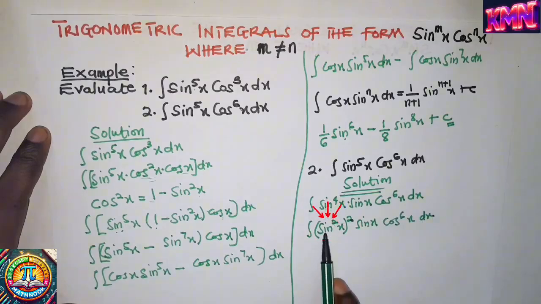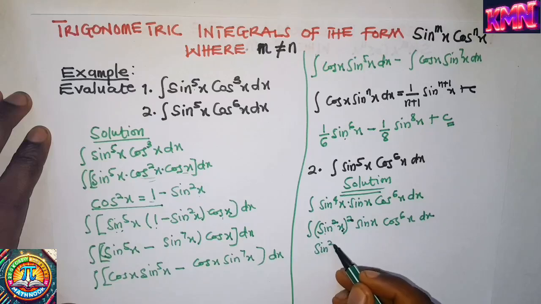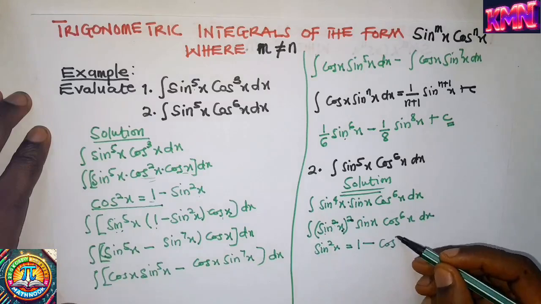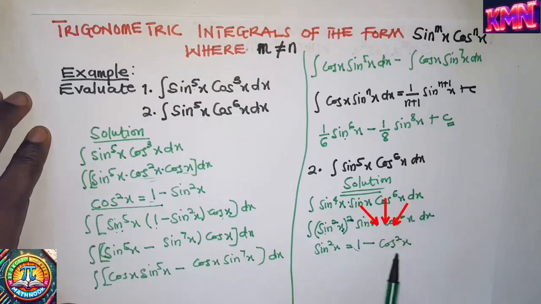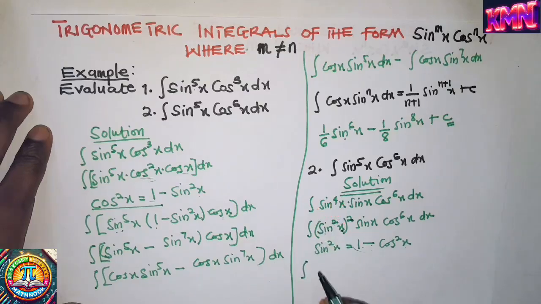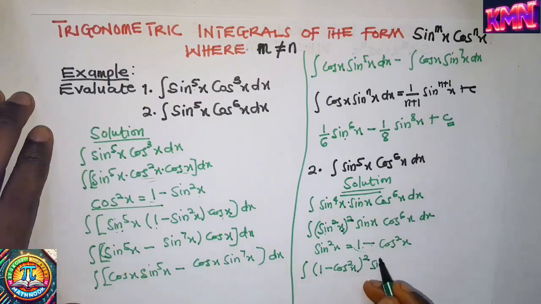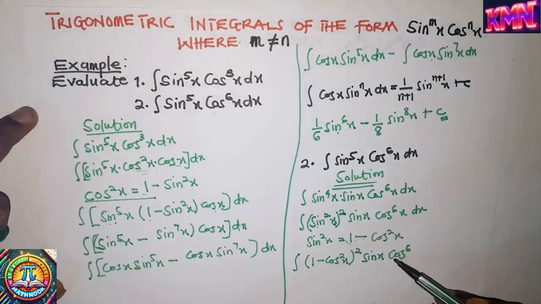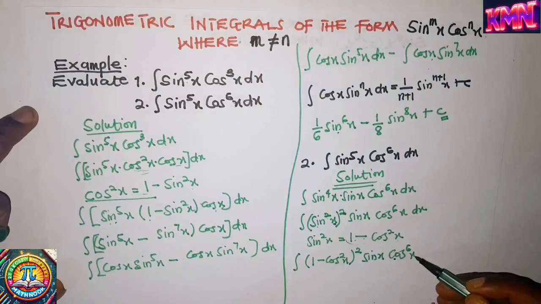We know that sine squared x is... we need to substitute 1 minus cosine squared x in place of sine squared x. We're going to get integral of 1 minus cosine squared x, squared, by sine x cosine power 6x.